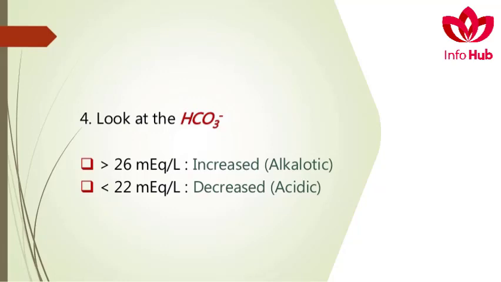And if it is less than 22, you'd say acidosis. But what type of acidosis? Metabolic acidosis. So whenever you are interpreting on the basis of the HCO3 value, you'll always use the term metabolic. And if you are interpreting on the basis of CO2, you will say respiratory.